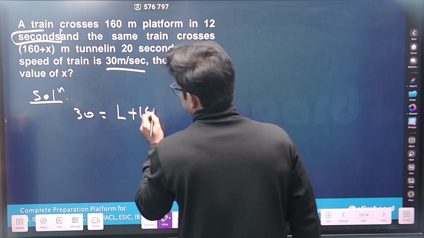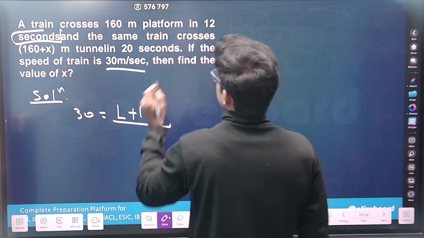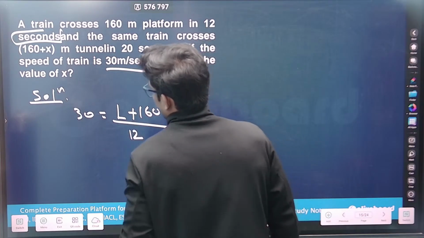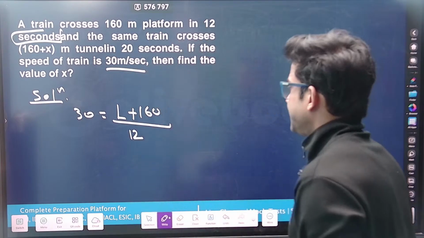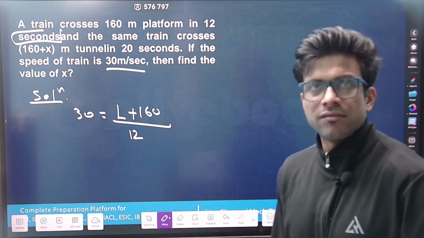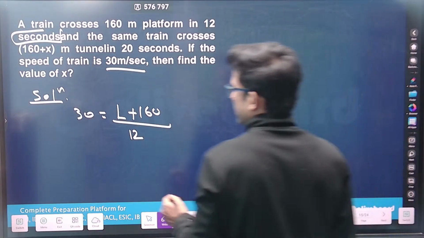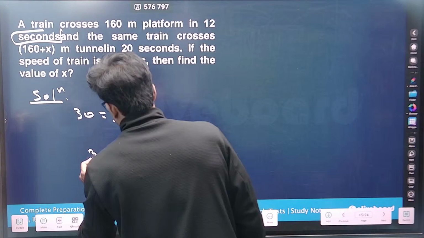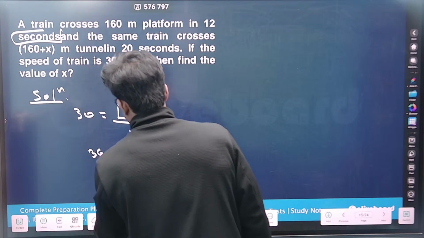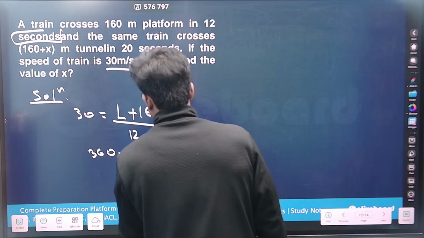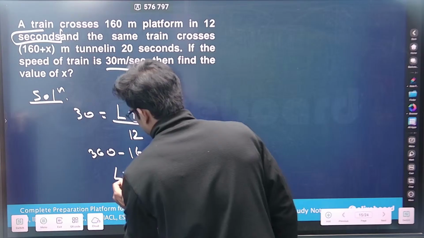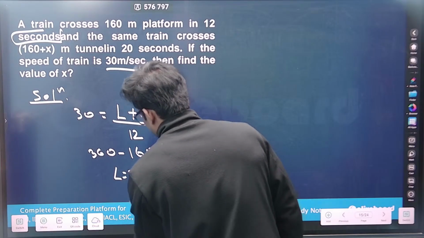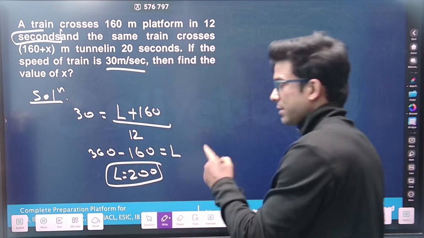So 160 plus L it crosses in 12 seconds. Is it right? Correct, I hope so. From here, you can say that 360 minus 160 is equal to L. So the value of L would be 200, which is the length of the train.